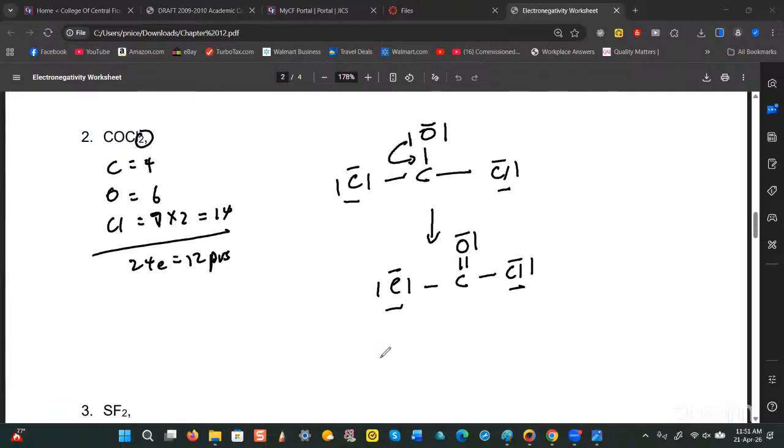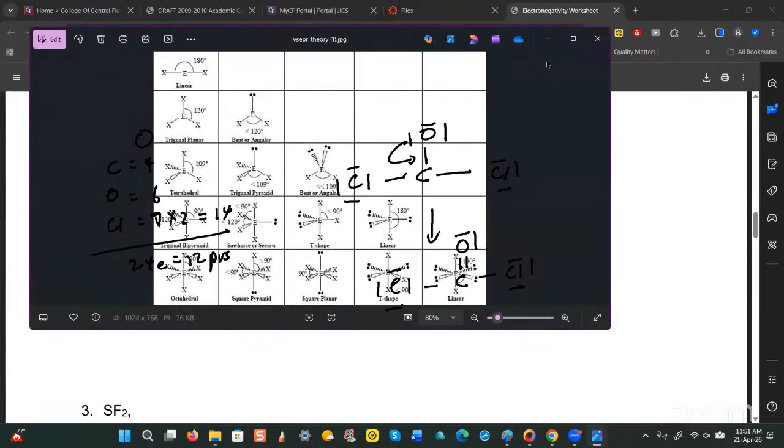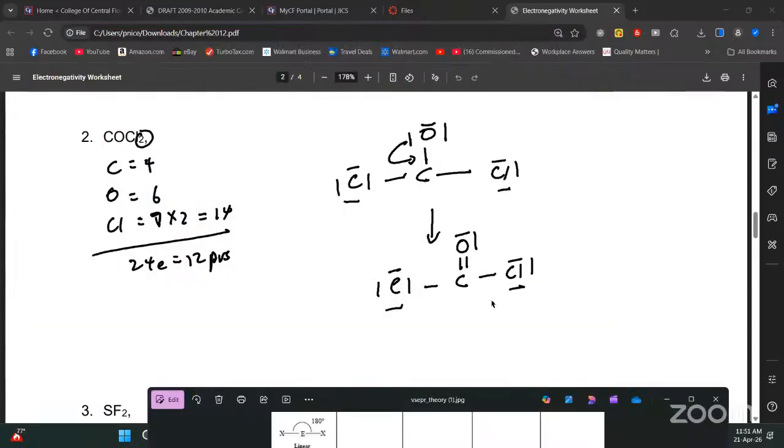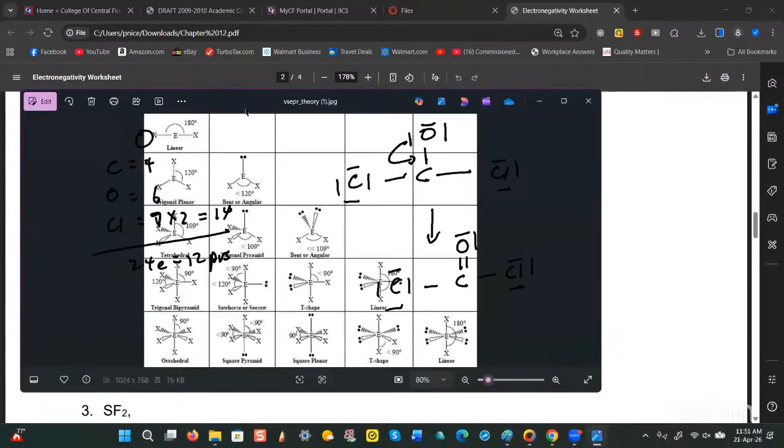All right. Now, the next question is the shape. So we have to go back to the table here. All right. So we have to ask ourselves, where can I fit this? Which of the structures that we have in the table fits this arrangement where we have a central atom bonded to 3 other atoms and no lone pairs on the central atom.